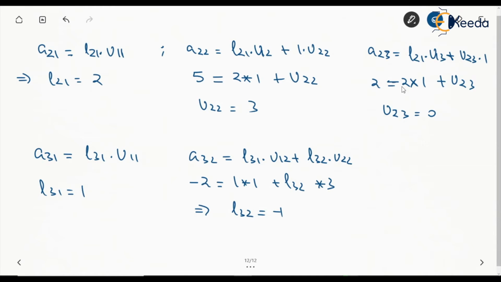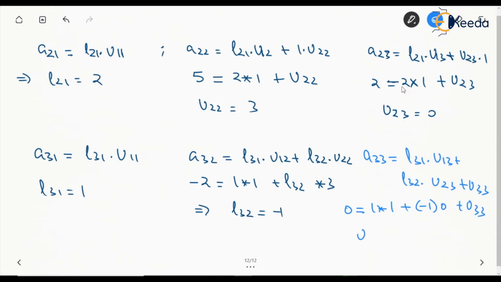The last element is A33, which is going to be L31 into U13 plus L32 into U23 plus directly U33. This makes it 0 equal to 1 into 1 plus minus 1 into 0 plus U33, and we get U33 is equal to minus 1. So we have found all the elements.